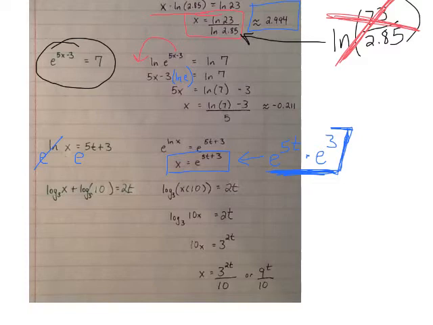So I said 3 raised to the 2t is equal to 10x, and then I divided by 10, arriving at a final answer of x equals 3 to the 2t all over 10. And I'll leave it to you to figure out how I came up with this other representation of it.